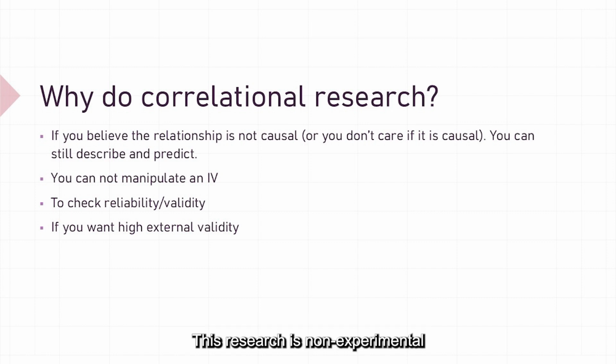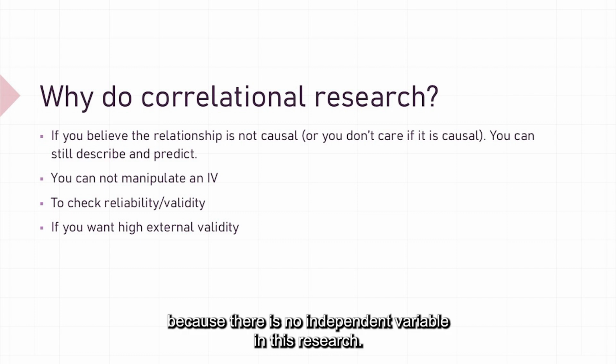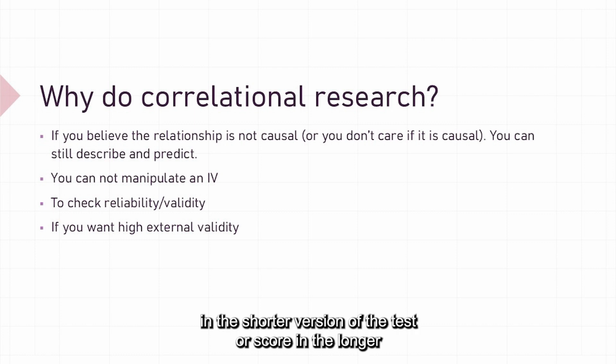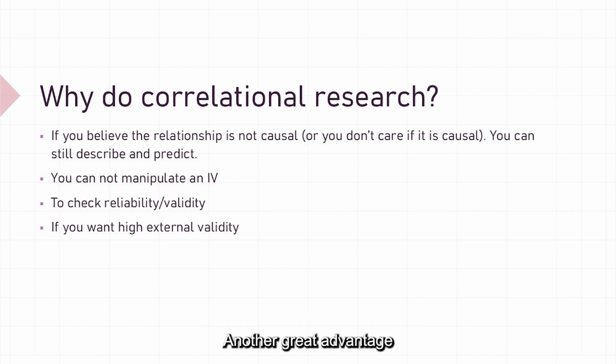This research is non-experimental because there is no independent variable in it. Neither the score in the shorter version of the test nor the score in the longer version is an independent or dependent variable. Another great advantage of correlational research is its higher external validity.